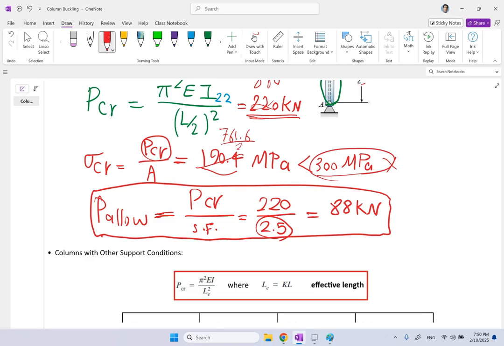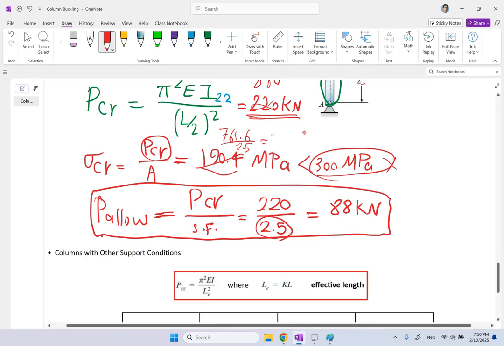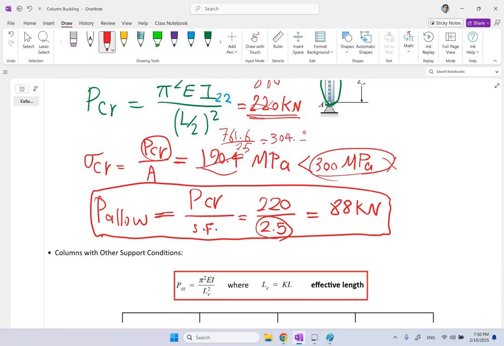Even if I divide that by a safety factor of 2.5, my load is going to be 304 point something, and this is bigger than 300.